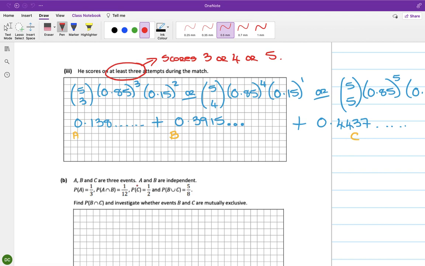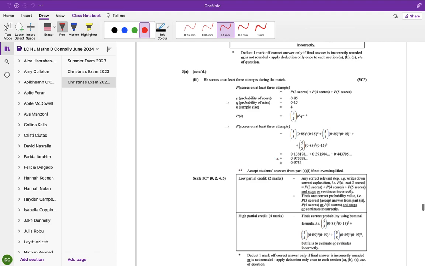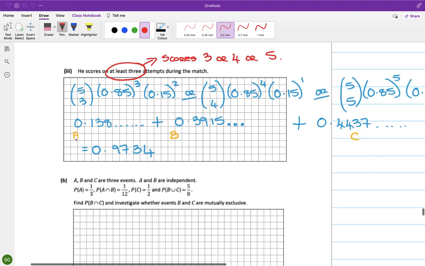So I'm doing alpha A plus alpha B plus alpha C. So to 4 decimal places, I'm getting 0.9734. 0.9734. So let's have a look. 9734. Another 5 marks.